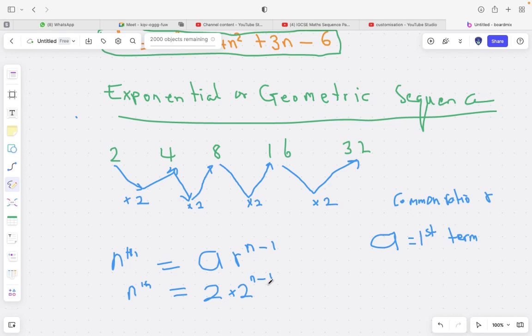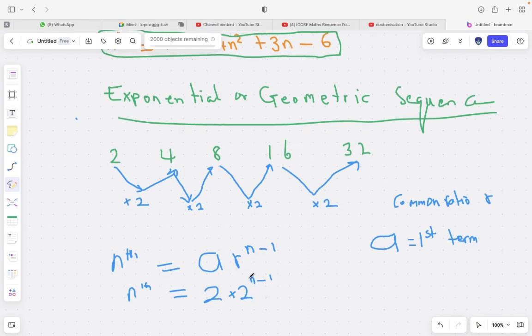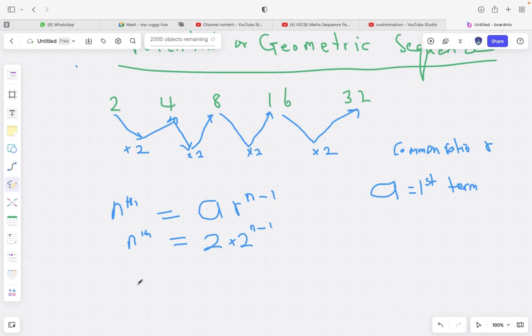So for geometric sequence, it's also easy. Let's say another example, example 2. If you give 3, 6, 12, 24, 48.